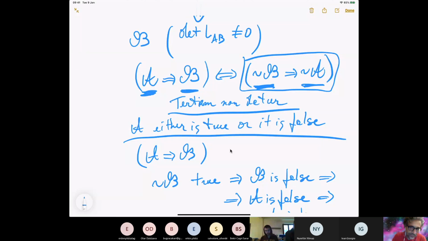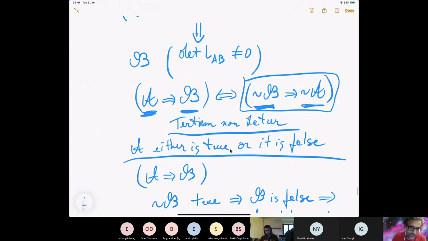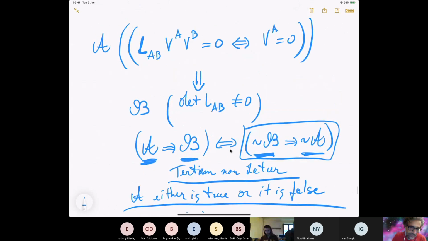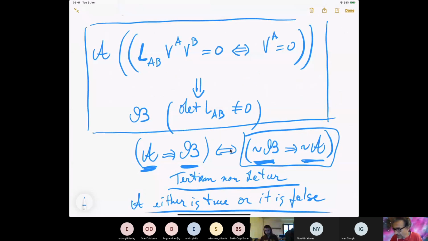In our case, we have two mathematical statements which are totally well posed. So I will prove this implication in the other way around.